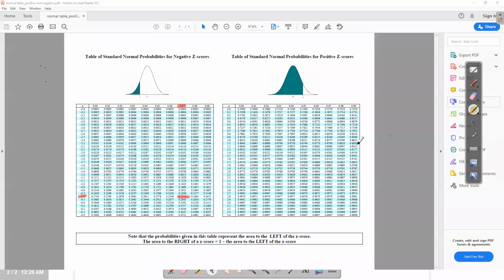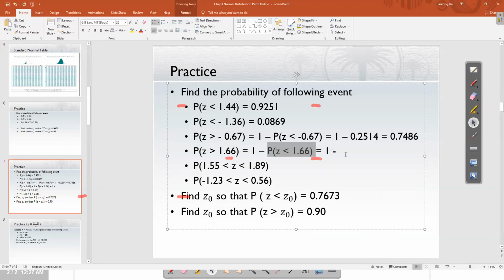So we're going to look for 1.66. The corresponding probability is 0.9515. So a little calculation, 0.0485.